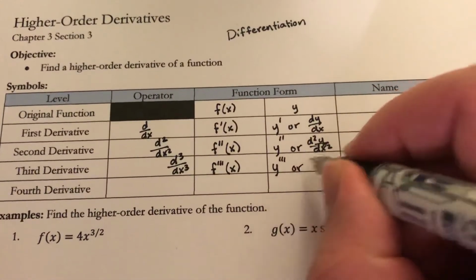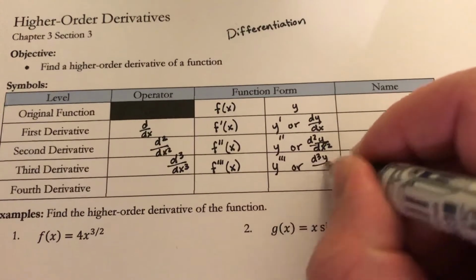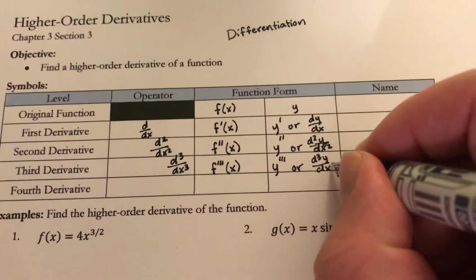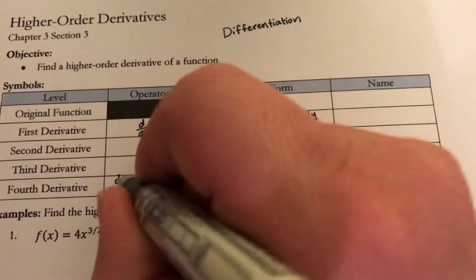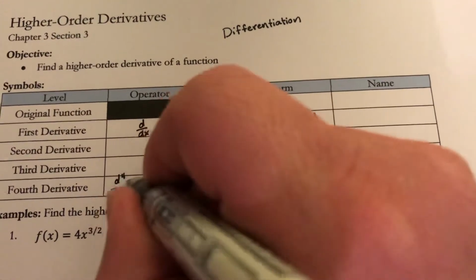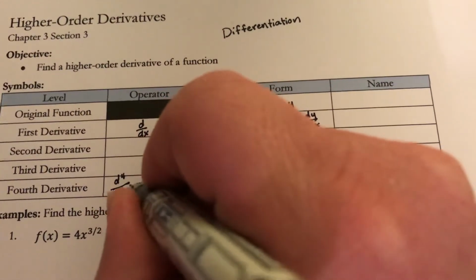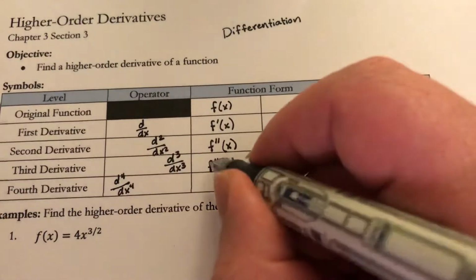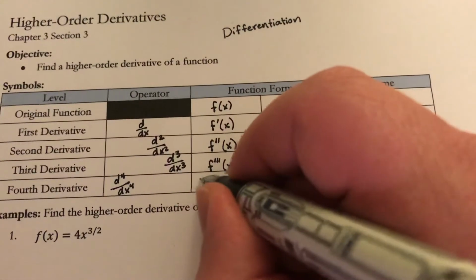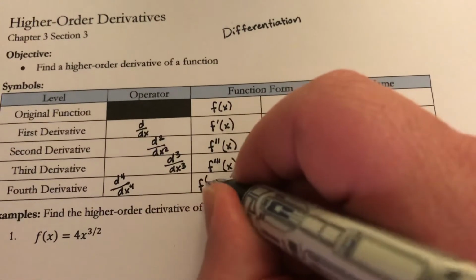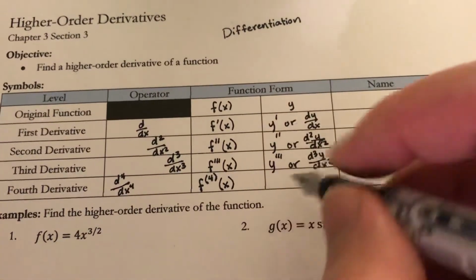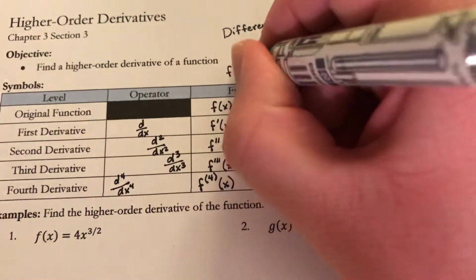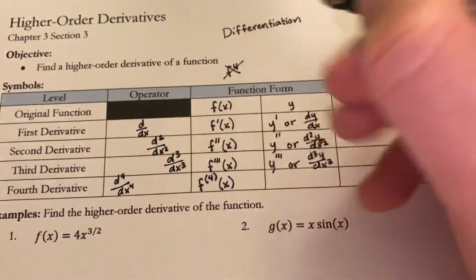Now, the special one comes in when I try to do the fourth derivative or anything higher than the fourth derivative. So I'm still going to write the actual operator, the d to the fourth, dx to the fourth, the same way. But instead of putting four apostrophes, most people will write it as f with a 4 in parentheses as an exponent. Now, recognize that this is very different than saying f to the fourth. This is not the same thing.